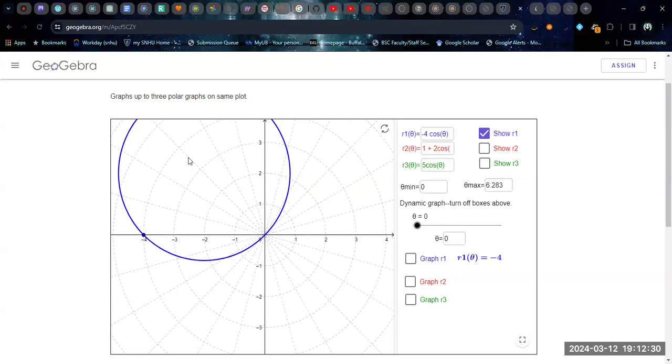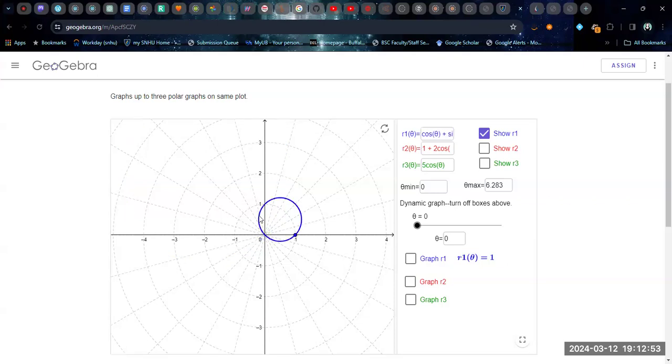The actual center and the length of the diameter here is going to depend on these exact values of these coefficients, but you can, in theory, have both sine and cosine in your polar graph. There's nothing about this that requires that you have only the one.